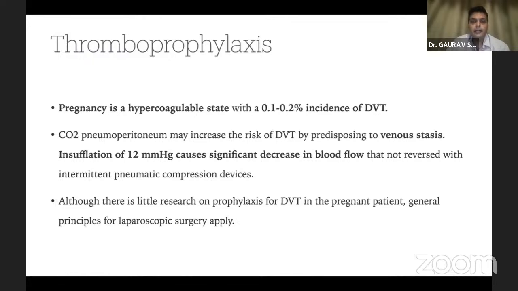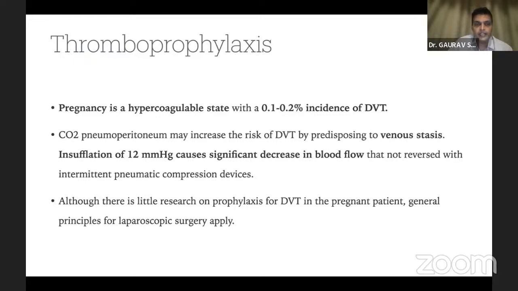And having a complex procedure like laparoscopy during pregnancy, we all know that the ergonomic ceiling is much less because laparoscopy is a complex procedure with multiple variables taking place at the same time. But doing this in pregnancy, you're actually managing two lives during this surgery. So one has to be extra careful, and one has to really use an insufflation pressure of as little as possible to achieve the goal.